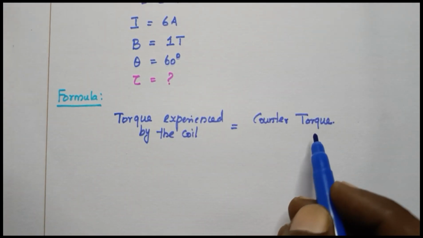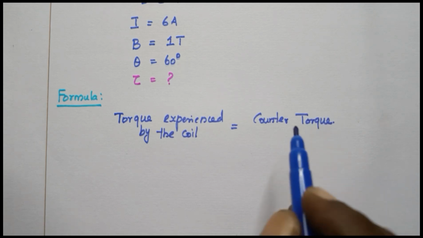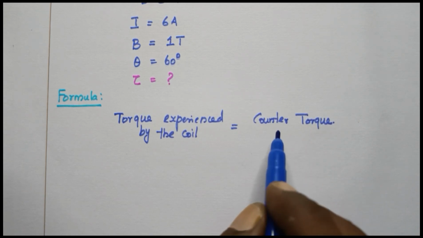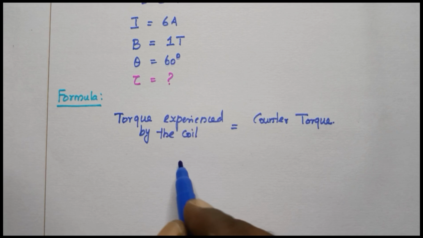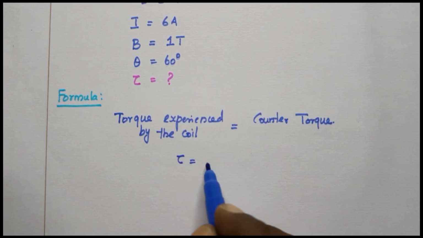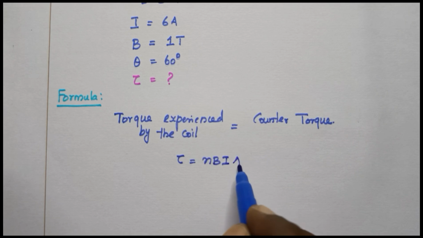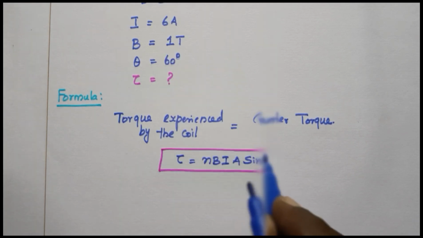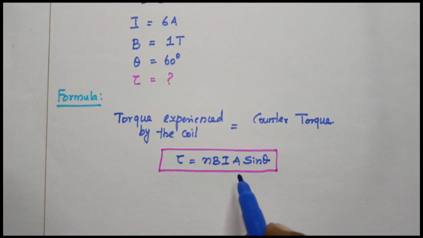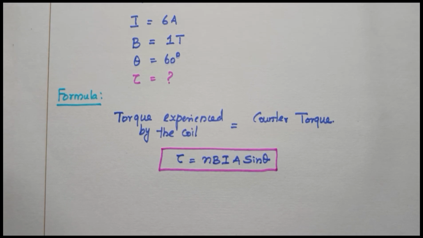Both are same, but this has to be applied in the opposite direction to prevent the coil from turning. So torque is equal to N B I A sin theta. This is the formula we are going to use to calculate the counter torque.